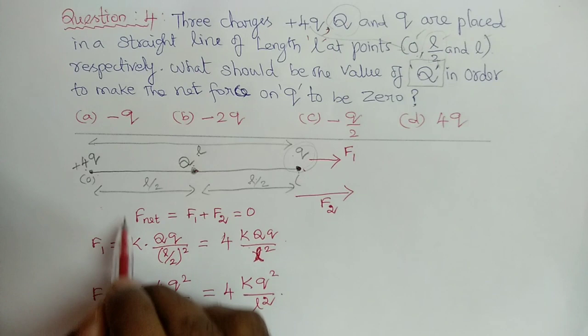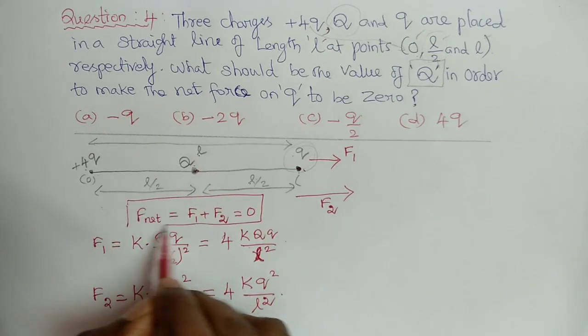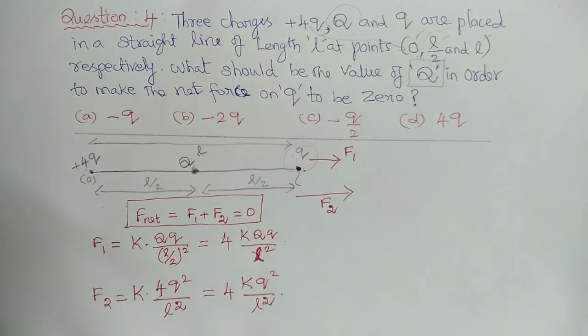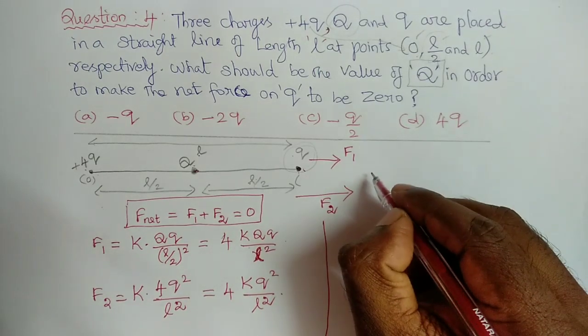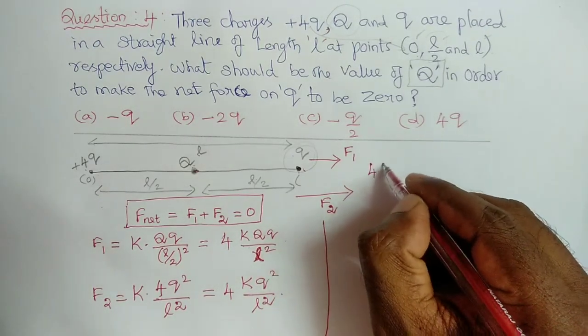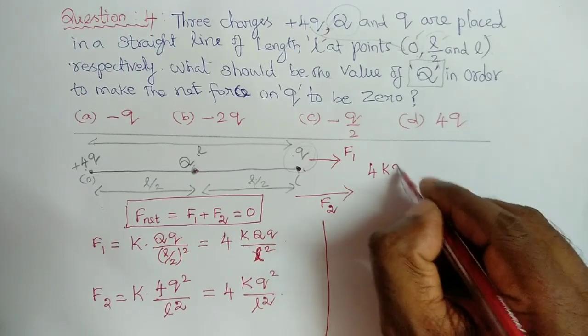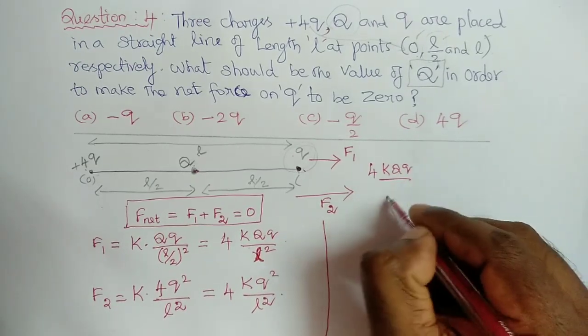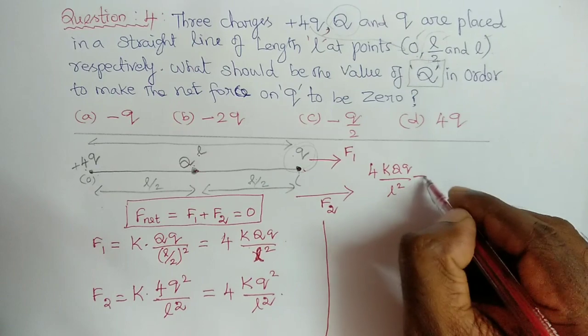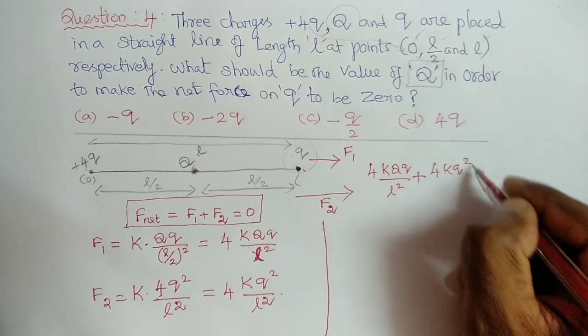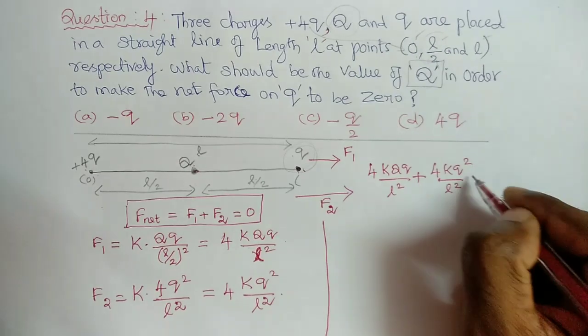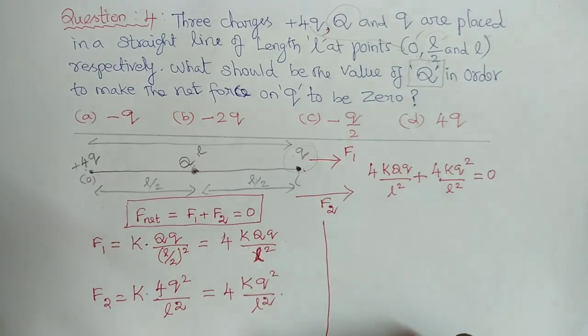So we use the condition F net is equal to F1 plus F2 is equal to 0. So 4K Q q by L square plus 4K Q square by L square, which is equal to 0.